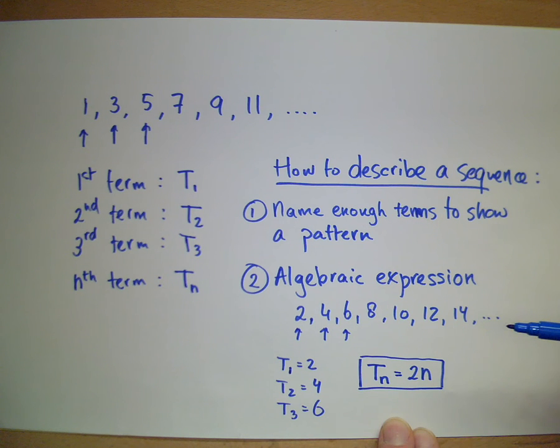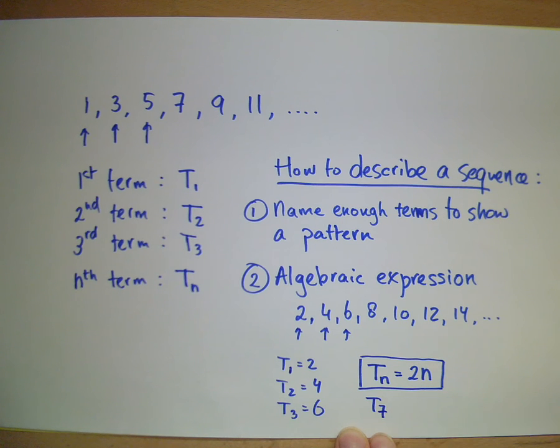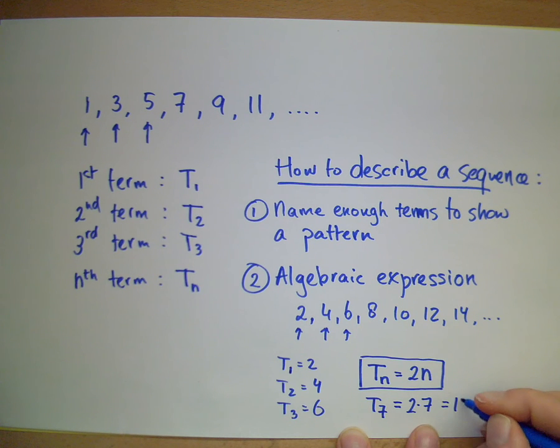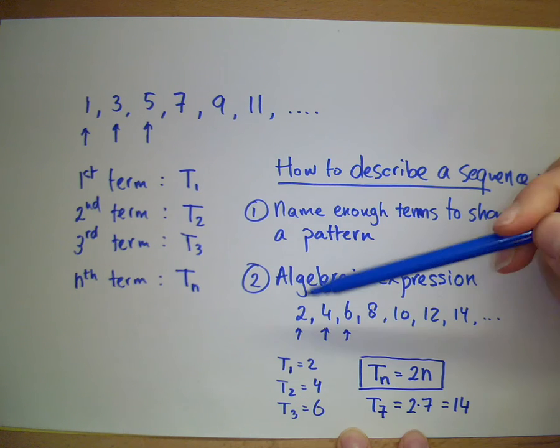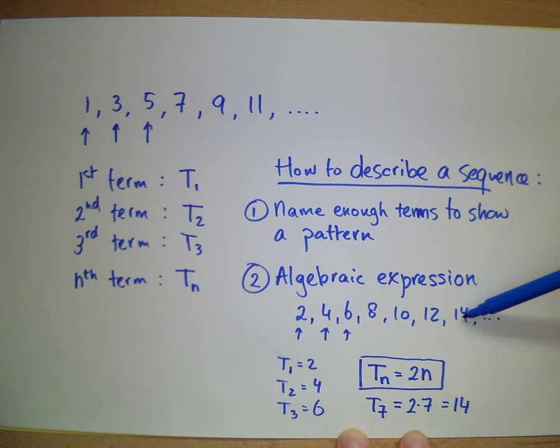Let's say we're looking for the value of the 7th term. In this case, n is 7. So its value should be 2 times 7. 2 times 7 is 14. Let's check if that's right. Term 1, 2, 3, 4, 5, 6, 7. 7th term is 14. Okay, so this works.